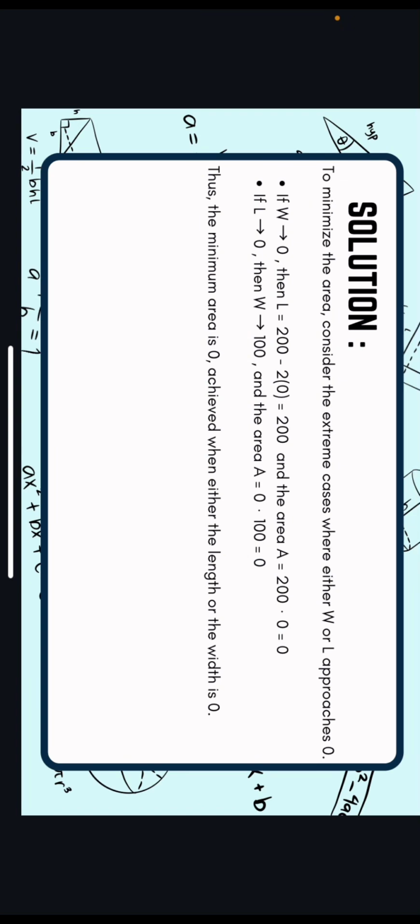If L approaches 0, then W approaches 100, and the area is A equals 0 times 100, and we get the answer 0. Thus, the minimum area is 0, achieved when either the length or the width is 0.